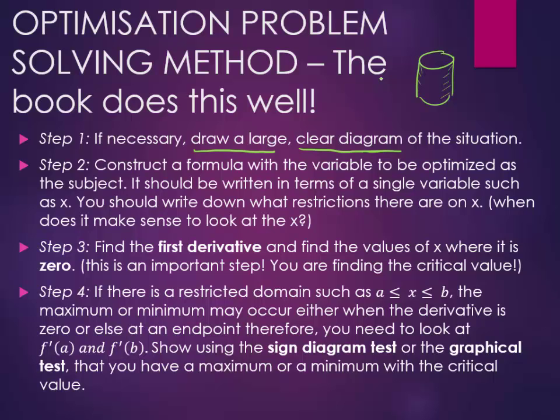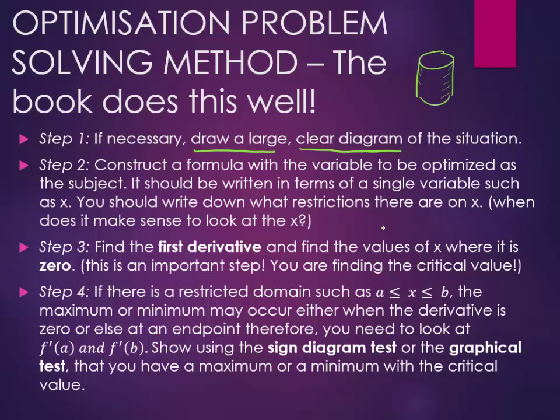So what we are going to do is construct some sort of formula that can be optimized as the subject. It should be written in terms of a single variable such as x. You should write down what restrictions there are also.